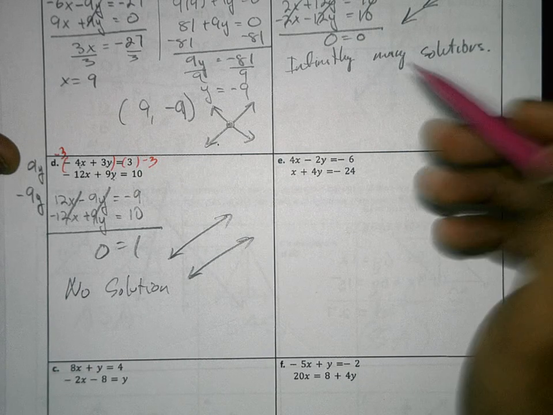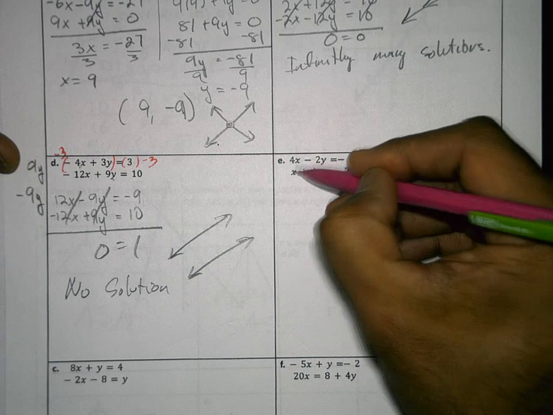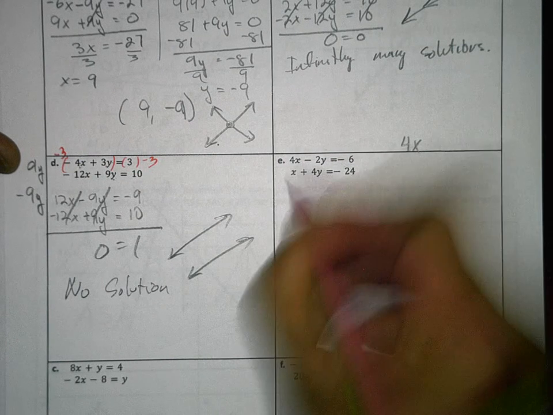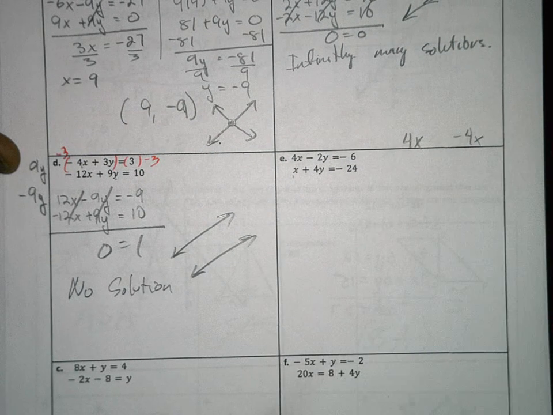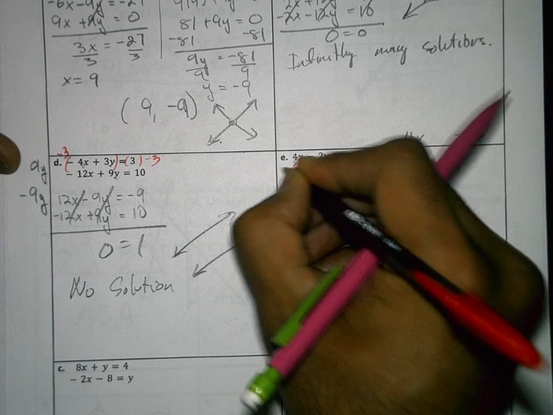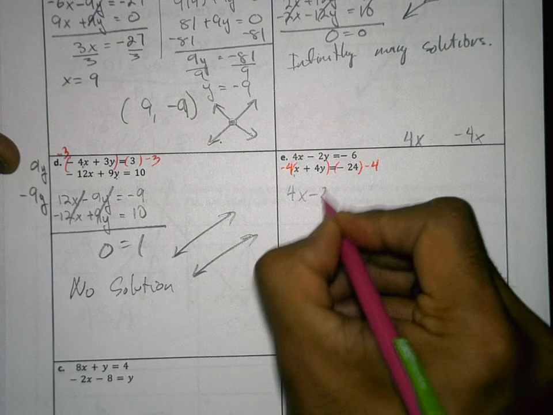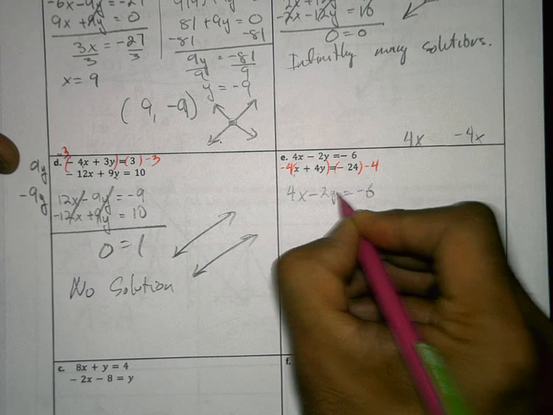So let's see here. I'm going to eliminate the x's this time, just because I picked it. So I got a positive 4x. So I'm going to turn this one into a negative 4x. I need opposites, right? So I'm going to multiply this by negative 4. Okay. So we're looking at 4x minus 2y equals negative 6.